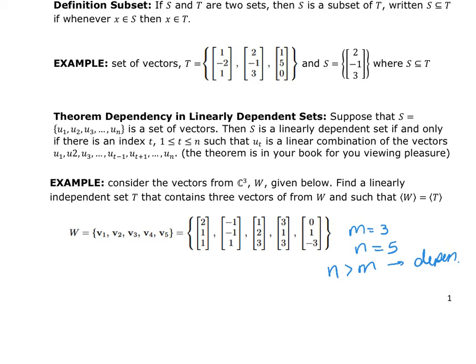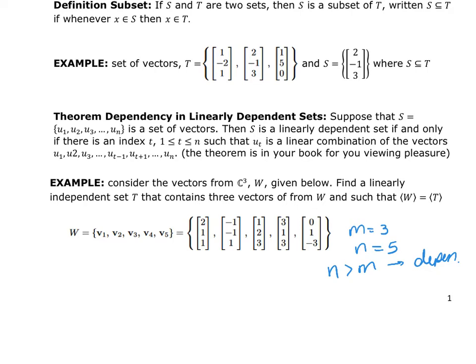So we know these are linearly dependent. So what we want to do is whittle down the vectors in here that are extraneous. They're not extraneous, I should say, they're just duplicates because they're linear combinations. So let's go ahead and try to whittle this down to a smaller set. We want to go to a subset.